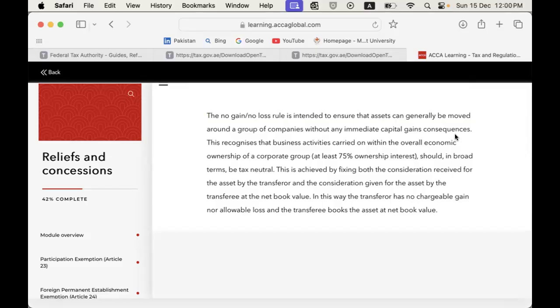But the company who was the owner, who was transferring that asset, may incur a gain or loss. Why? Because the net book value may be much less than the fair value of the asset that is being transferred. But under the qualifying group doctrine, they will benefit. They will not need to record that gain, or they will record it in their IFRS financial statement, yes, but when they're reporting it in their corporate tax return, they will exclude it.